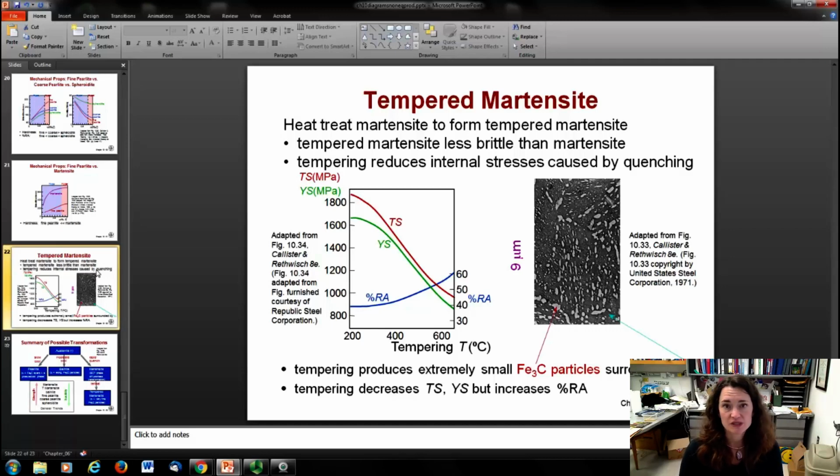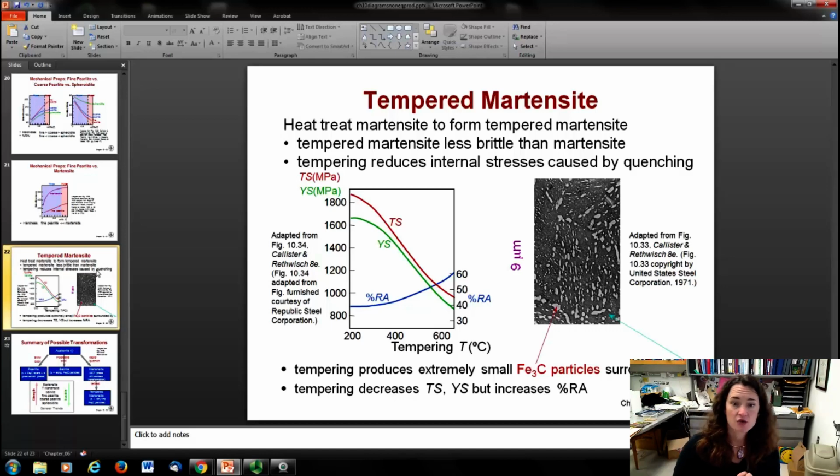And so what they do is they heat treat the martensite to form what's called tempered martensite. Tempered martensite is less brittle than regular martensite because the tempering reduces the internal stresses that are caused by that quenching. And what you do to temper something is you heat it up to below that eutectoid temperature and you let it go through some diffusion.